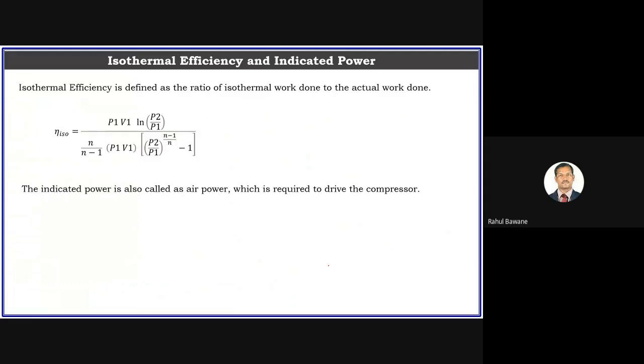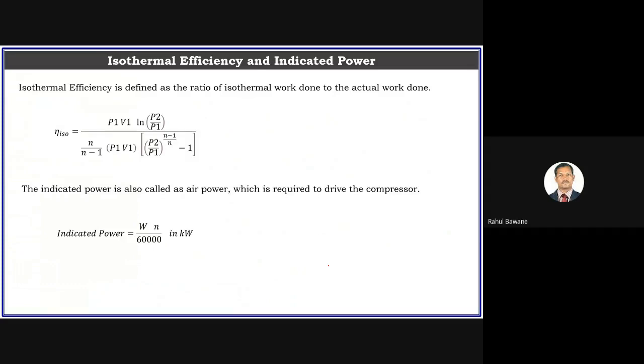The indicated power is also called air power because the indicated power is the power inside the cylinder, and that power inside the cylinder is actually applied to compress the air. So air power is also what it is called, which is required to drive the compressor. So indicated power can be calculated as W multiplied by N divided by 60,000.